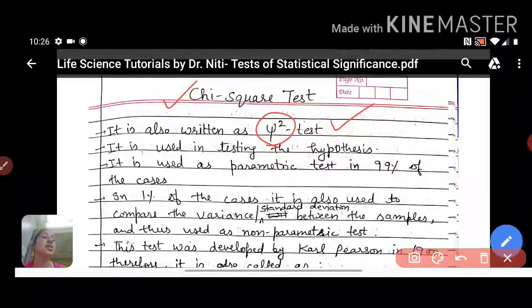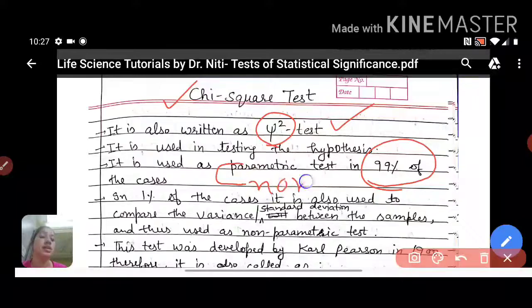This can be used as a non-parametric test as well as a parametric test, but in 99% of the cases it is used as a non-parametric test. Non-parametric tests are used when the data is not normally distributed.